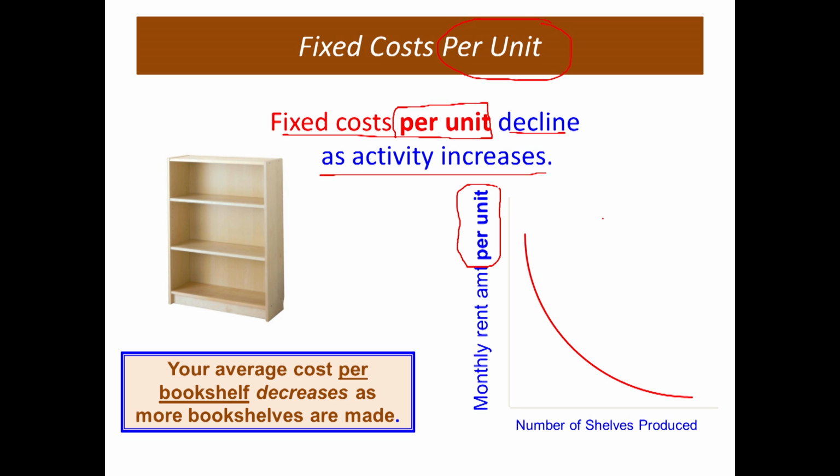Now, I will tell you this, and you'll hear this a lot from me in managerial accounting if you take me. I don't like to figure out fixed costs on a per unit basis because I think it's very misleading. I think it seems to indicate that fixed costs behave as variable costs when they do not, right?